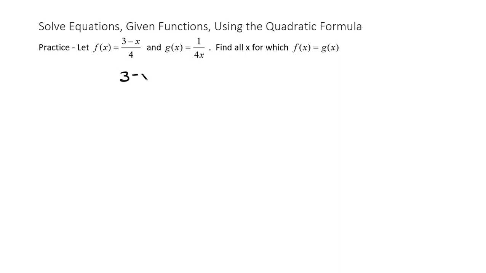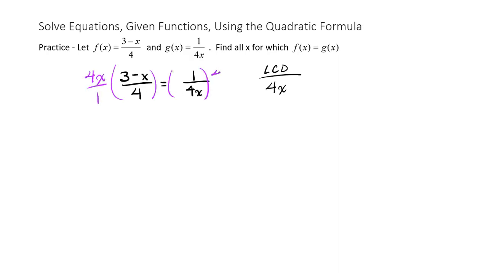If I set them equal to each other, I'll have (3 minus x) over 4 equals 1 over 4x. This looks like a rational equation, in which case I'll find an LCD. The LCD is 4x, and so I'll multiply both sides of this equation by the LCD, 4x over 1, on both sides.